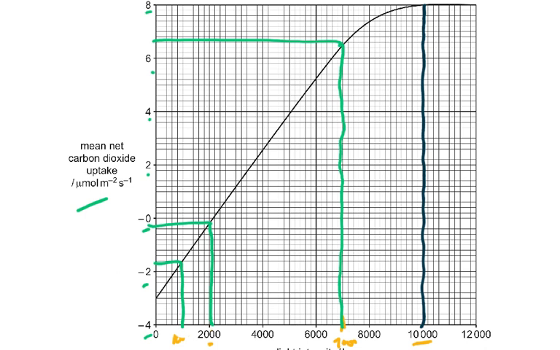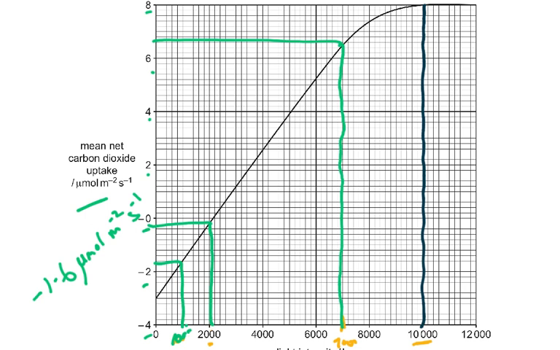CO2 uptake is below 0 in this situation at 1000, because here we have -0 and then we have 2 up there. So it is -2 or something. It's not even -2, it's minus 1.6 micromole per meter square per second. It is minus 1.6 micromole meter square per second.